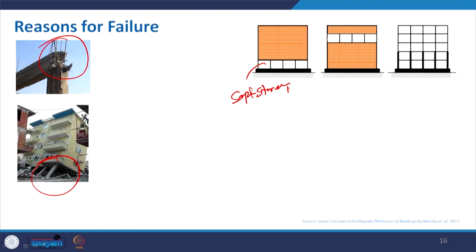Similarly, sometimes we can have a weak story. So, maybe in this portion, in place of this you have this infill, and then you have a top fill, but in between it is open. During the motion, the heavy mass will try to go to this side if the earthquake wave direction is on that side, and this will try to restrain.